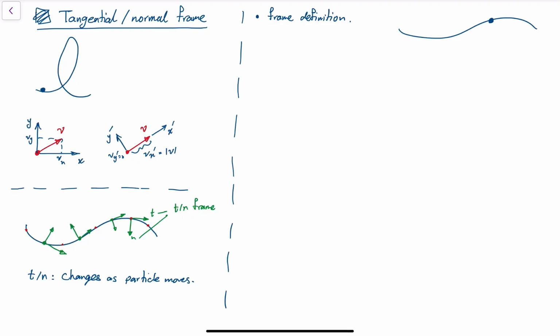The first thing we need to find is what is its origin. What we want to do is define it always at the location of the particle. So the origin of the frame is at the particle's location. So this is the origin.